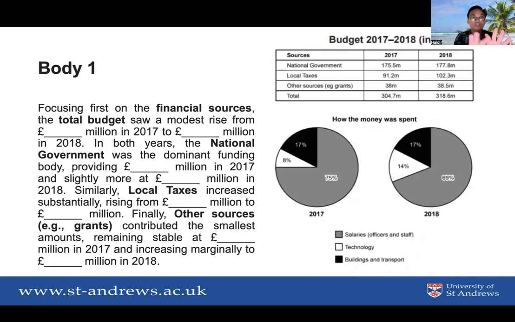You just need to follow this scaffolding as your clue, and then choose the right number there. By doing this, you're going to practice reading the data, identifying the most important information to put down in your first body. Okay? 5 more minutes.